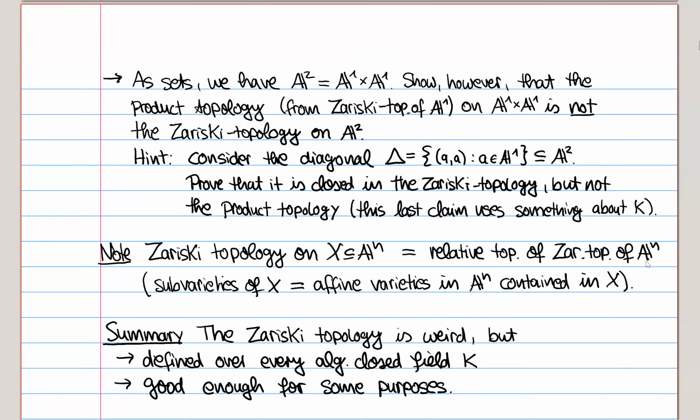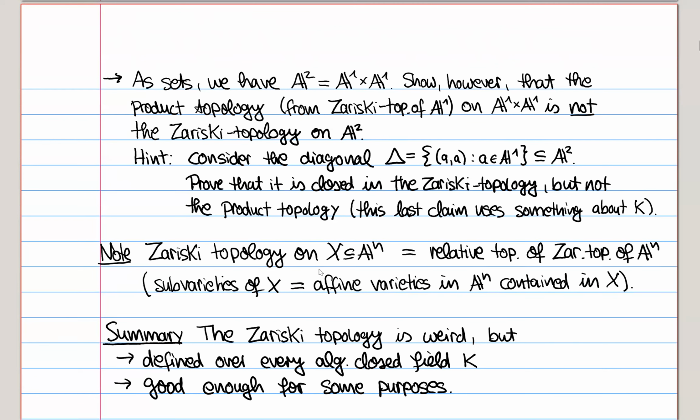That's a general thing: if you have one set contained in another, and the bigger set has a topology, then you always get for free a topology on the subset. And this works out here, so at least this compatibility is satisfied by the Zariski topologies.